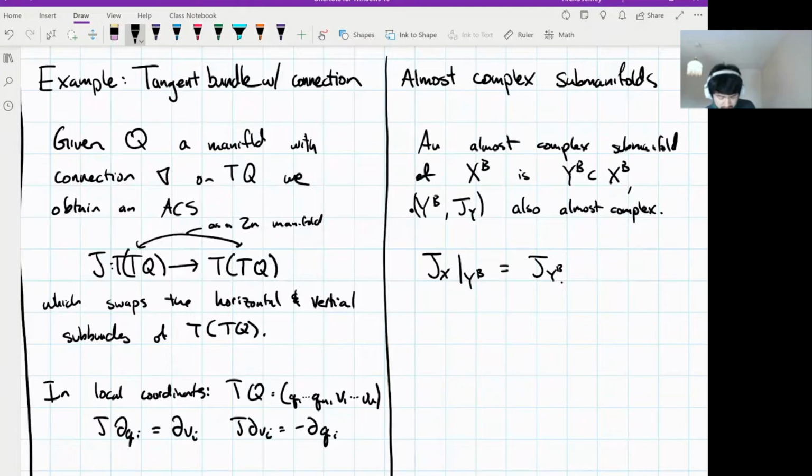So if you are comfortable thinking about holomorphic or complex manifolds, this is exactly a complex submanifold. There's no difference.